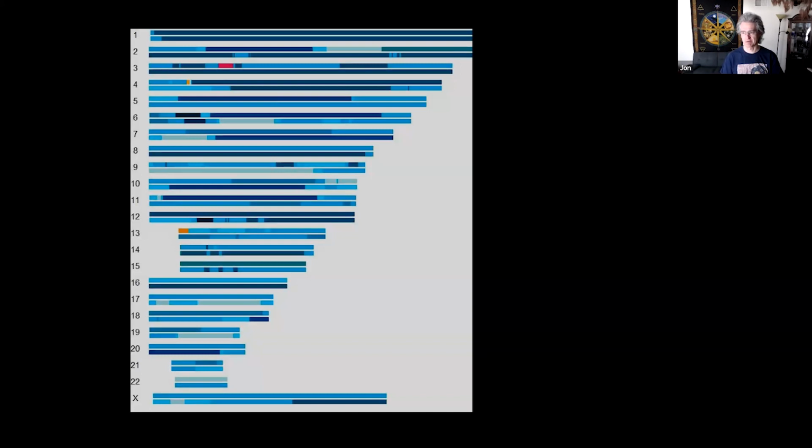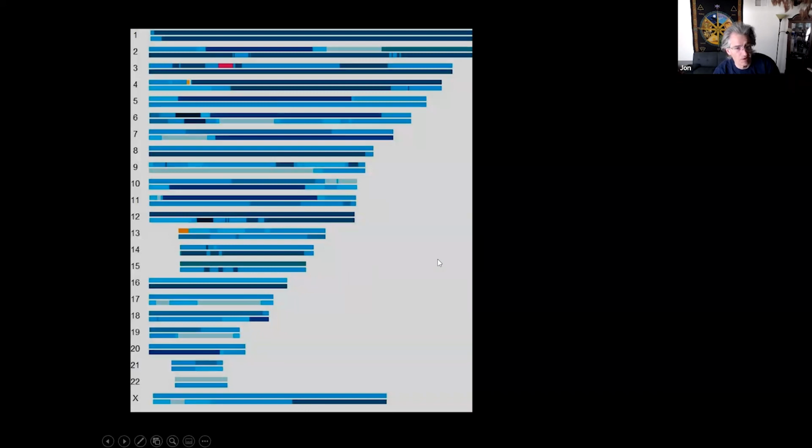So I'll get into how that works right now, and we'll take a look at it. It's amazing to think that you can get this level of detail, all these little sections of each chromosome, to find out which one is from someone in Finland and which one is from someone in Africa and which one is from someone in India or something like that. So let's take a look at that.